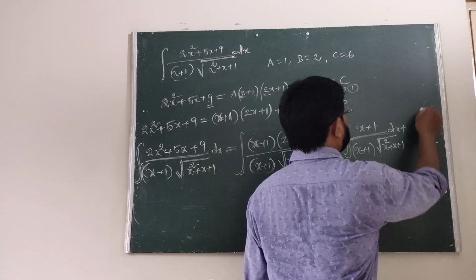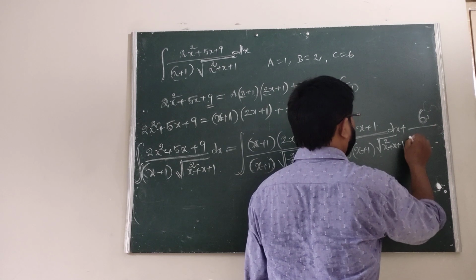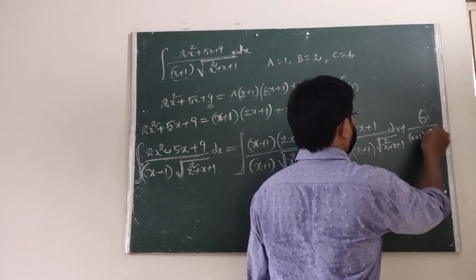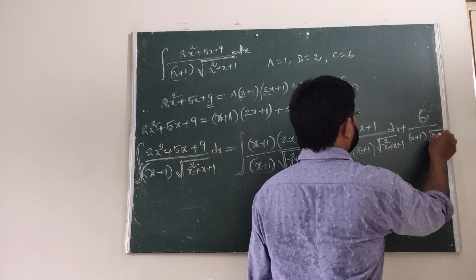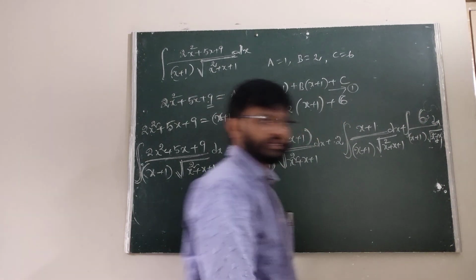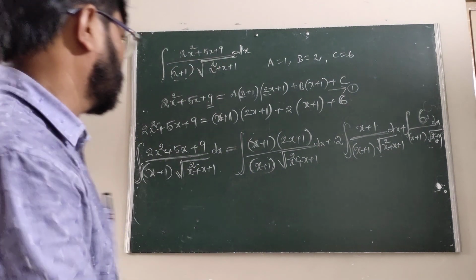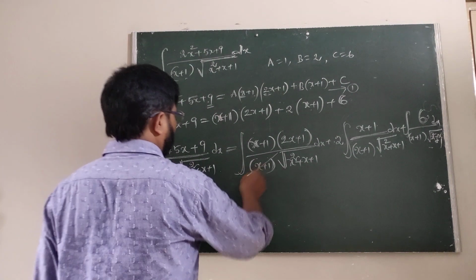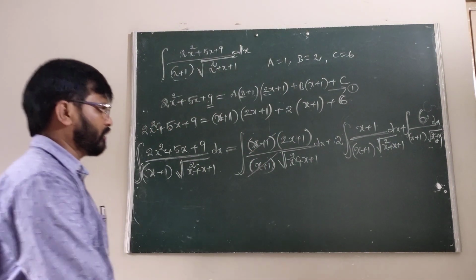Now here the 6 by x plus 1 into under root of x square plus x plus 1 whole dx. Is it clear? Now here this x plus 1 will be cancelled.